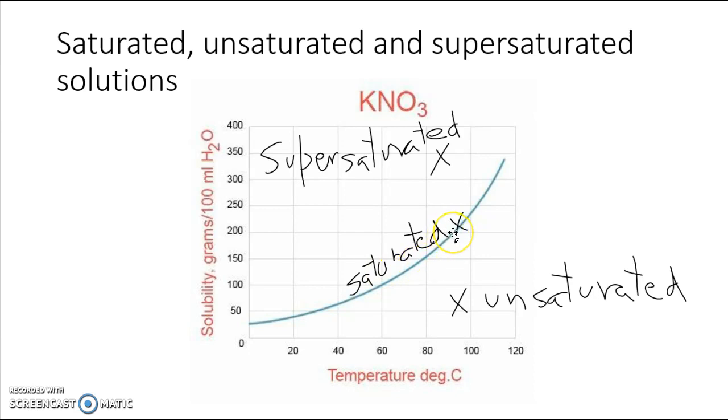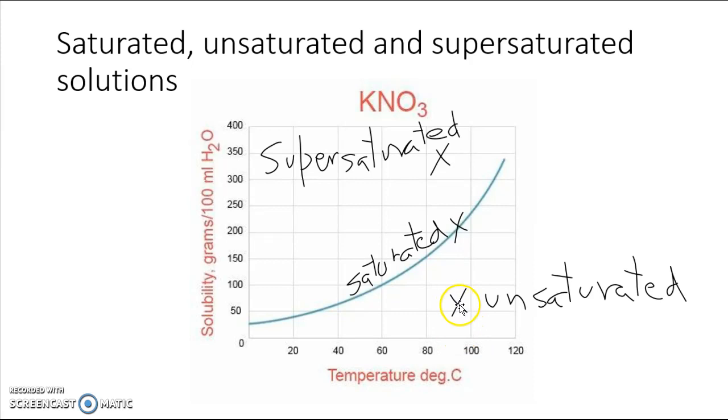If you add just a gram or a grain of the solute, it will precipitate. In other words, an unsaturated solution is a solution that admits more solute to be dissolved at a certain temperature.